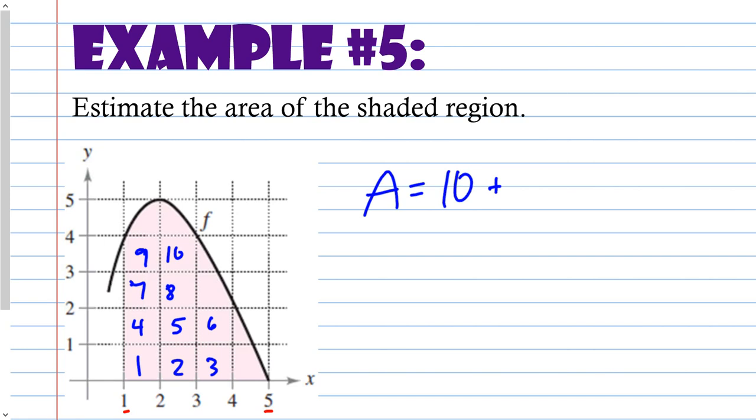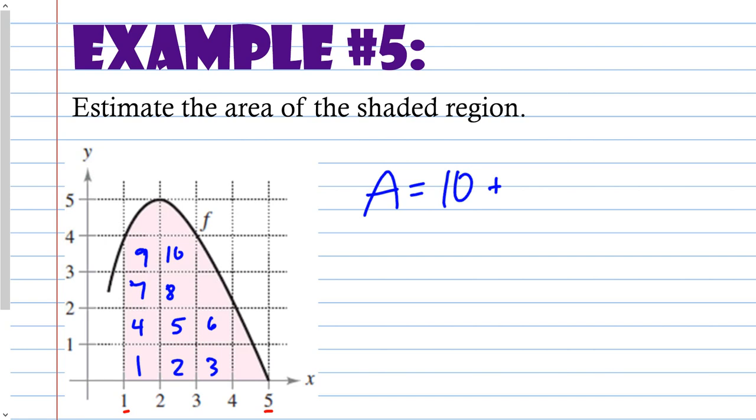And you have to be able to analyze and read the graph, and that's what we're doing right now. We're trying to figure out how much area is in the shaded region, even though it is a weird shape. So we do it by cutting it up into squares.